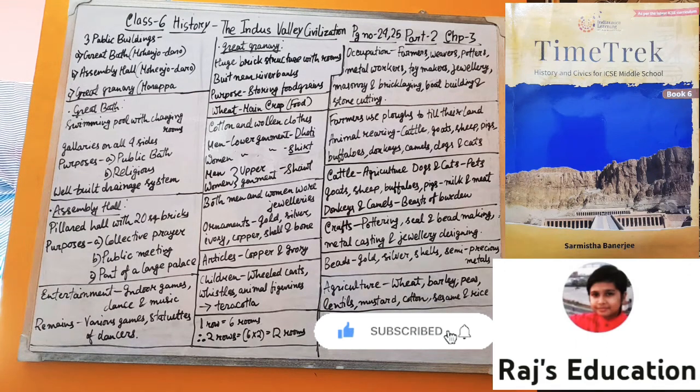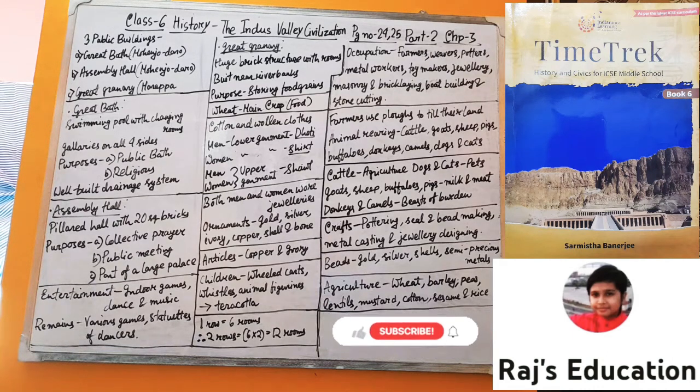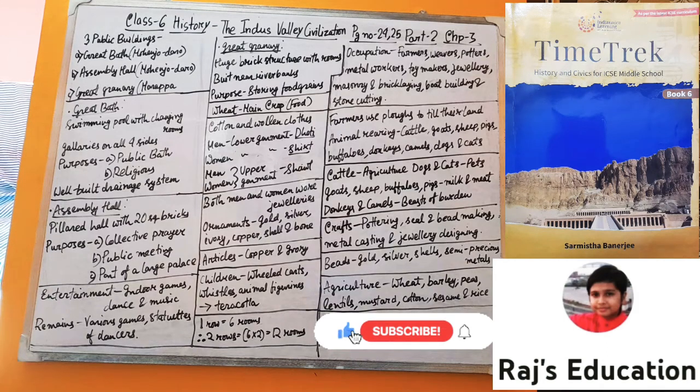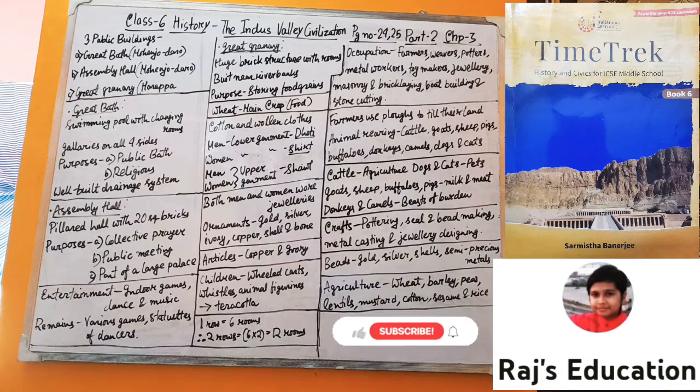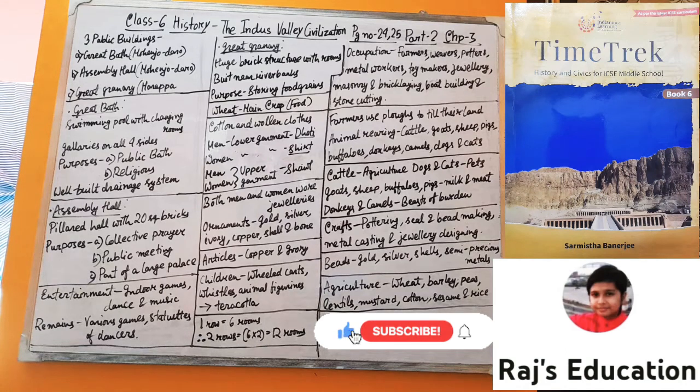It was a pillared hall with 20 square brick pillars, which were arranged in 4 rows.